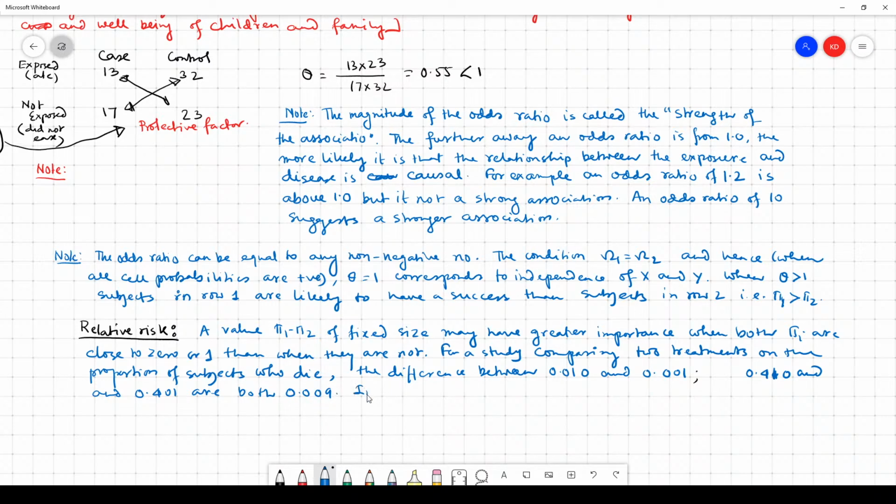In such cases, the ratio of proportions is also informative.